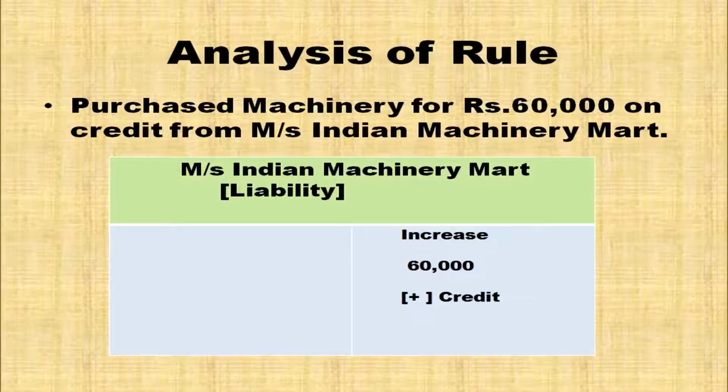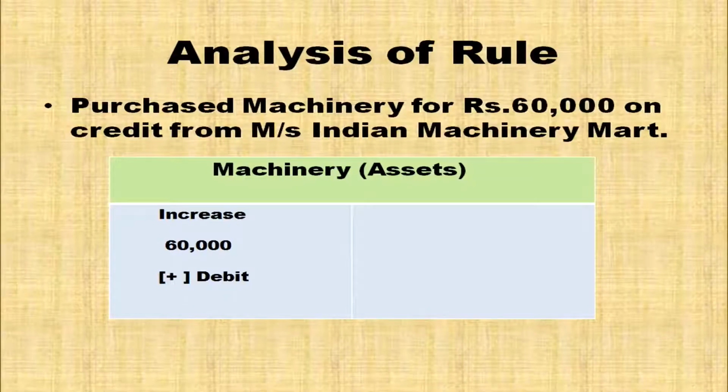Another transaction. The two affected accounts are machinery account and Messrs Indian Machinery Mart. Machinery being an asset, it is increased, so machinery account is debited. Messrs Indian Machinery Mart is a creditor, so liability increases. Rule for liability: when it is increased, it is credited.